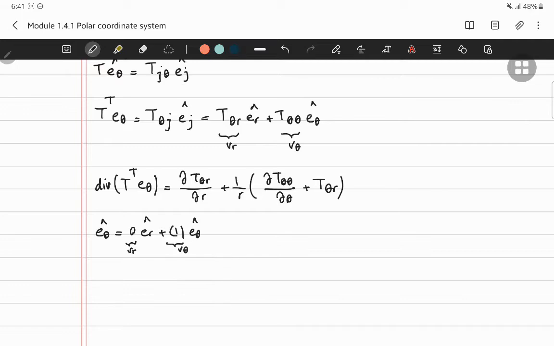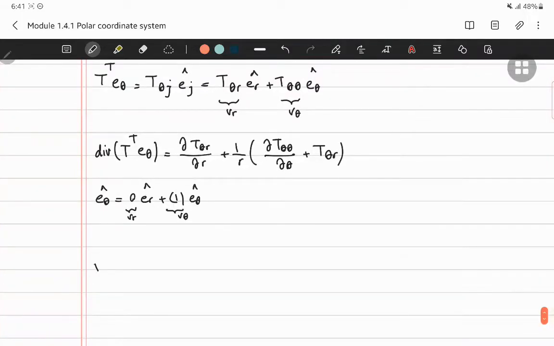Maybe I need to just push it a bit down, del e_θ. This is partial V_r, which is 0, so this is 0. So 1 divided by r minus V_θ, so this is minus 1 divided by r. This is 0, and this is also 0.